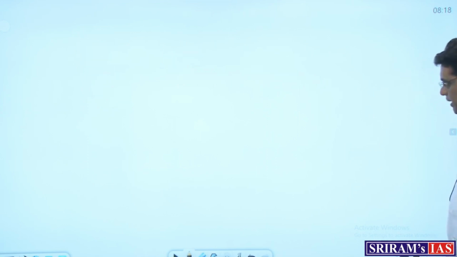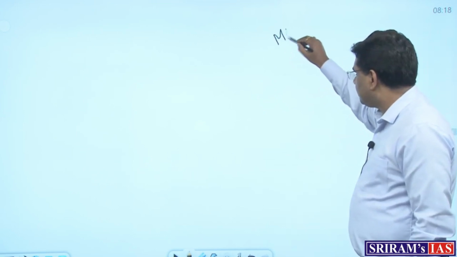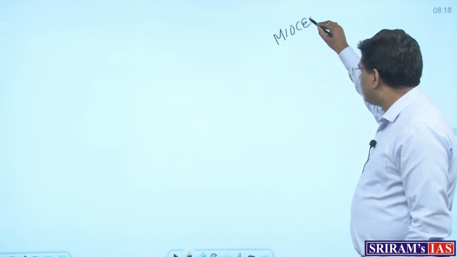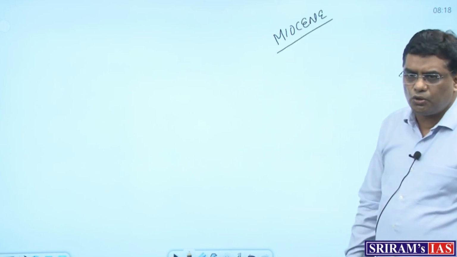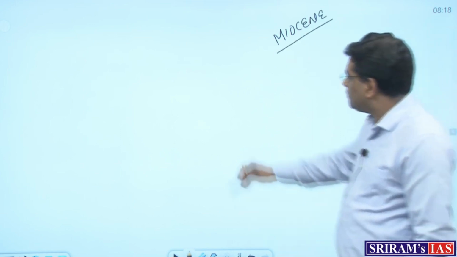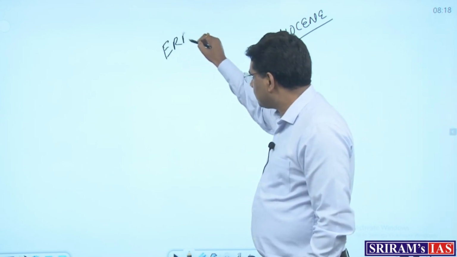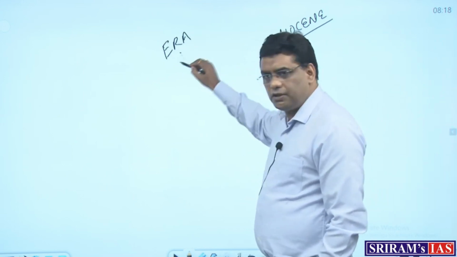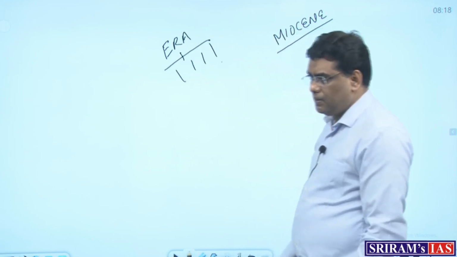So, as per the evolutionary history, Miocene period. In the geological time scale, you might have seen that there are eras, and eras are divided into so many periods.